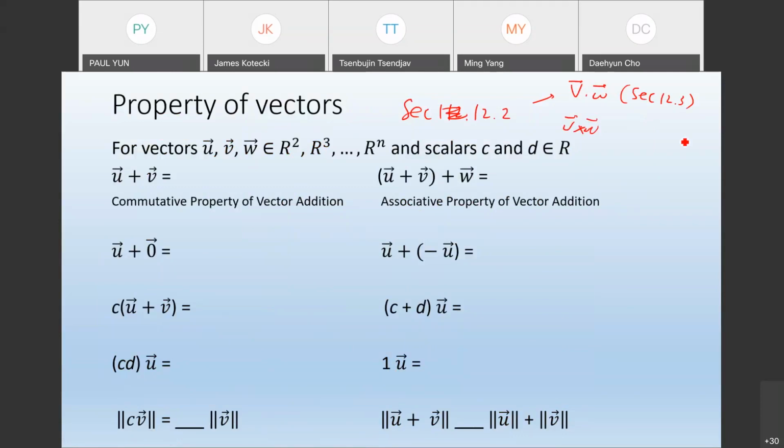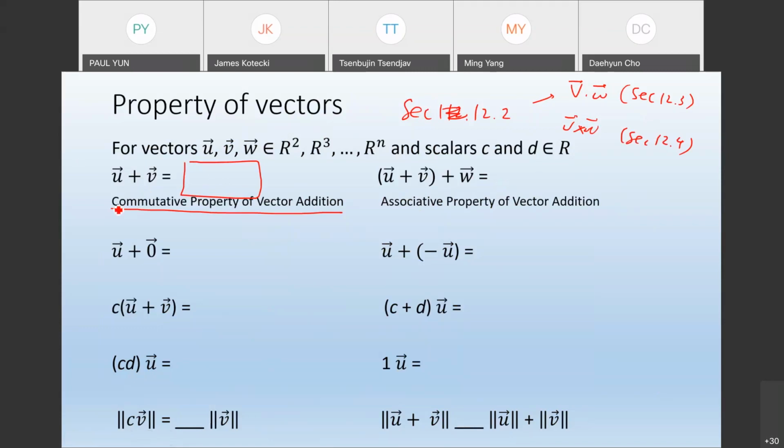That's where we're heading to. So let's do this. All right, everybody, 1, 2, 3, type your answers. Commutative property of vectors. What's that equal to? U plus V equals. What do you think I'm going to write down here? Everybody, type something.